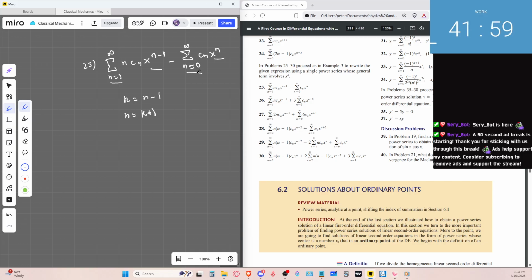Because we want it to equal, I think this one we can have k equal n because it's 0, so in this case, this one.